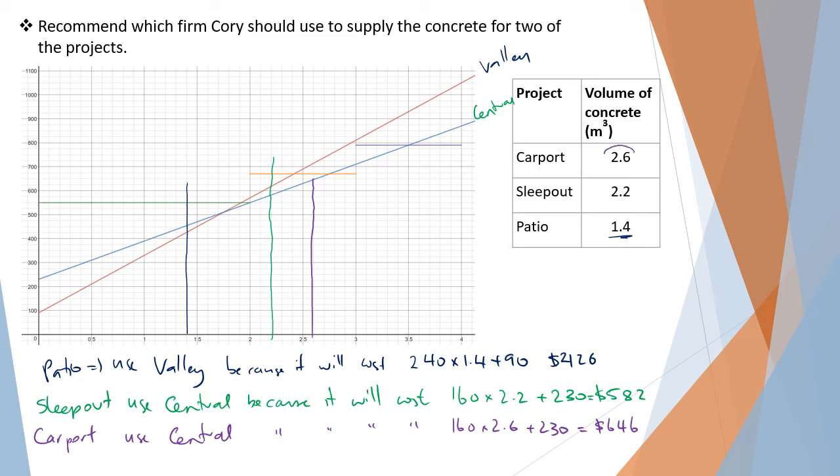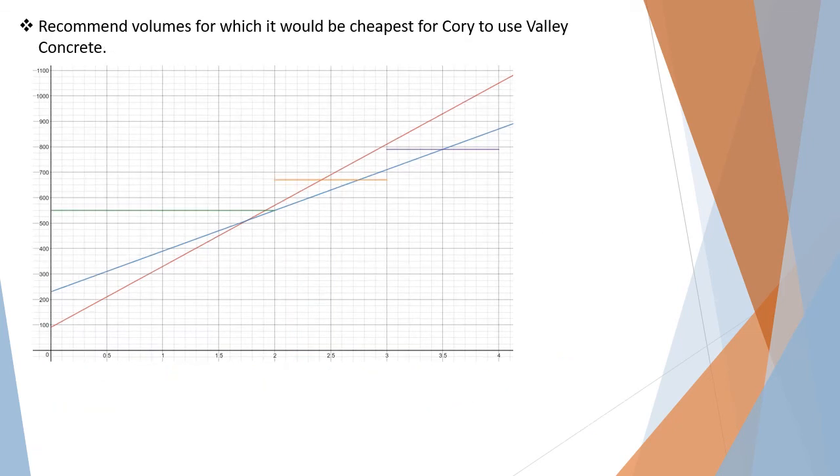Looking at the project, we'll draw a line up from your graph. What we're trying to do is identify where it is cheaper for Corey to use Valley. Remember the red line was Valley, so it's cheapest from here up until that point there.